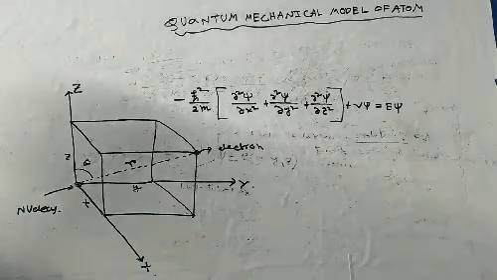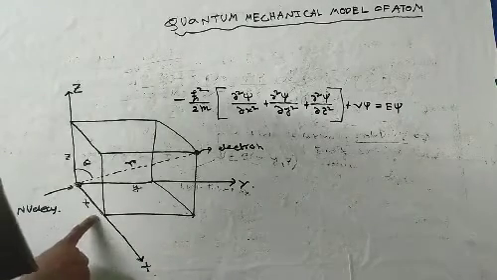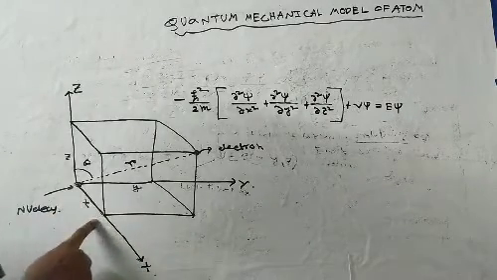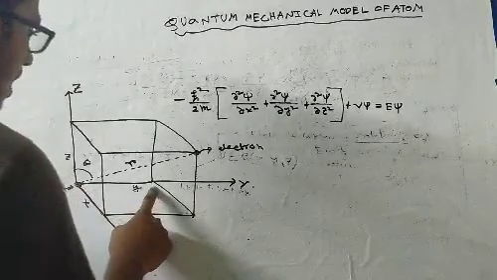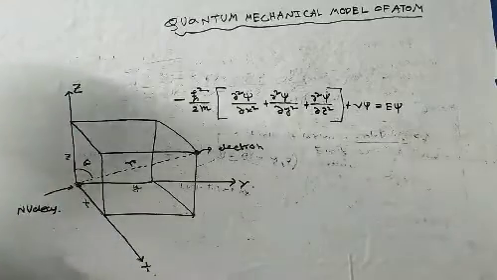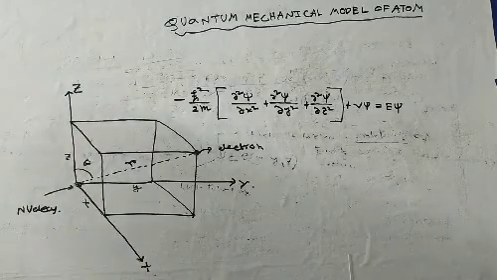Now I am considering that this distance is x, this edge distance is y, and this edge distance is z. So why am I considering this?